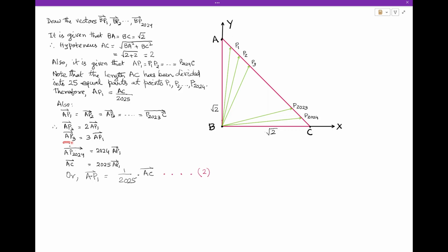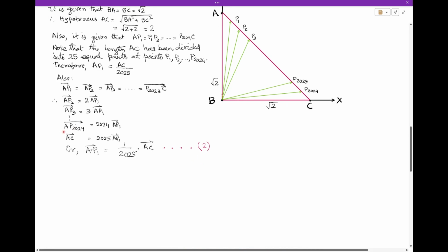Similarly, vector AP3 is equal to 3 AP1. And if you continue in this manner, AP2024 is equal to 2024 AP1. And vector AC will be equal to 2025 times vector AP1. Therefore, vector AP1 is equal to 1 by 2025 of vector AC. Let us call this equation 2.